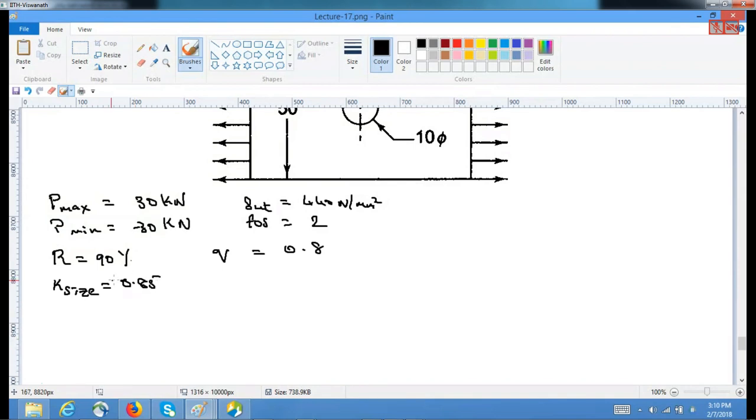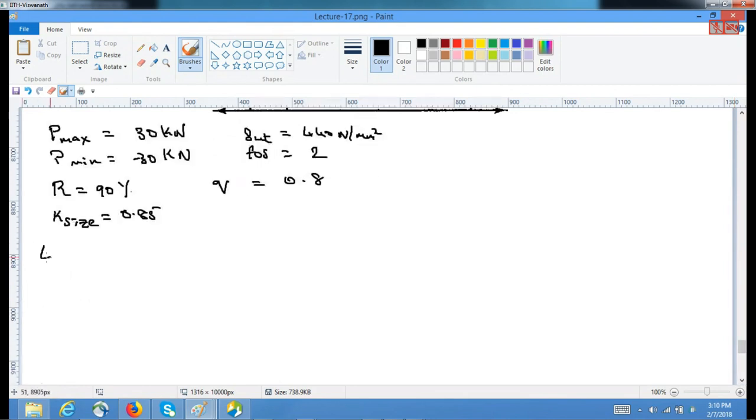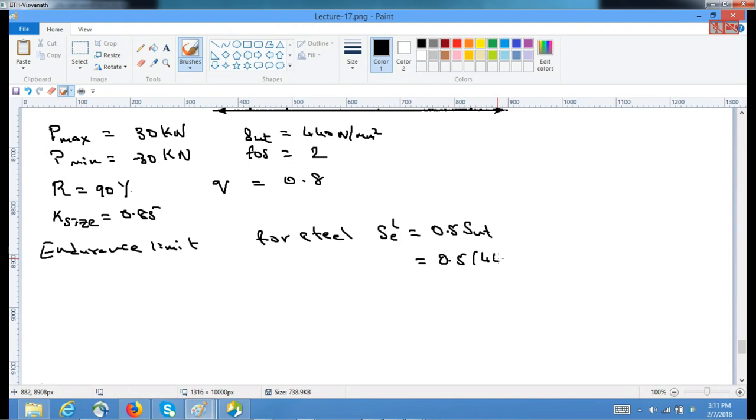So now we'll try to obtain the endurance limit. In this case, because this is made up of steel, we said that SE dash is 0.5 times SUT, so this is 0.5 times 440, that is equal to 220 Newton per mm square for the standard specimen.